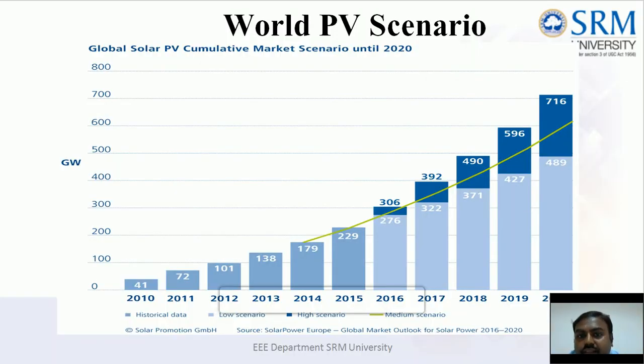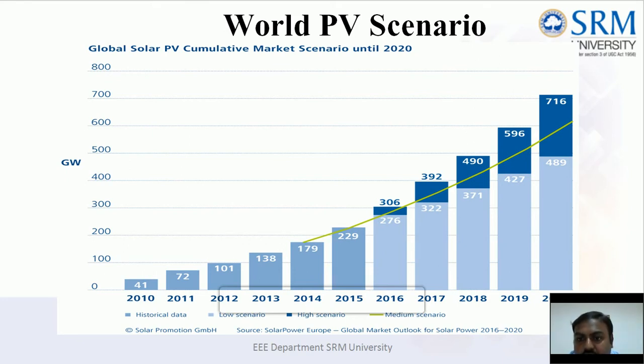Let us see the world PV scenario. As you are all aware, all developed and developing nations are showing much interest in deploying photovoltaic power systems. If you notice the bar diagram, nearly 400 gigawatt was installed all over the world in 2017, and the deployment of photovoltaic systems is exponentially increasing.